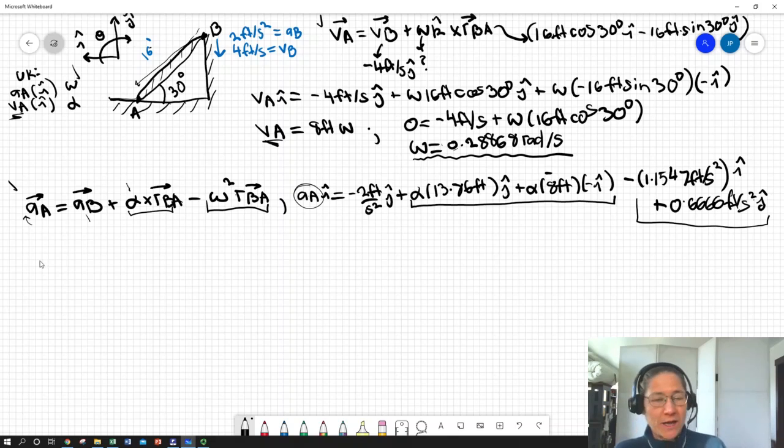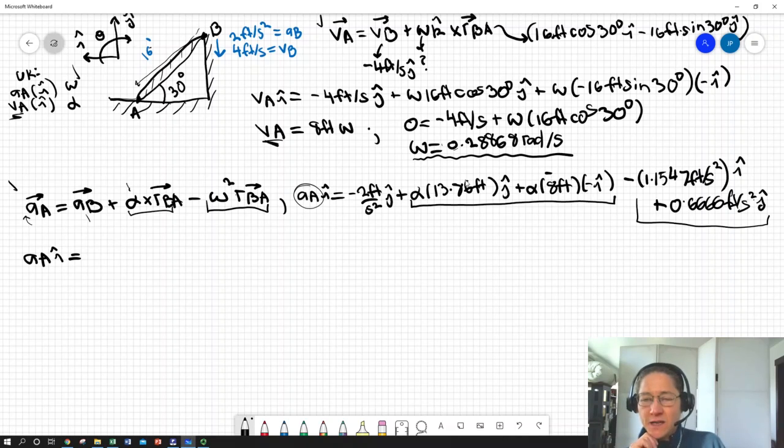So if we go ahead and do that, I'm just going to keep the i hat so I remember what's going on. I've got two terms on the right hand side of this equation that are going in the i hat direction.